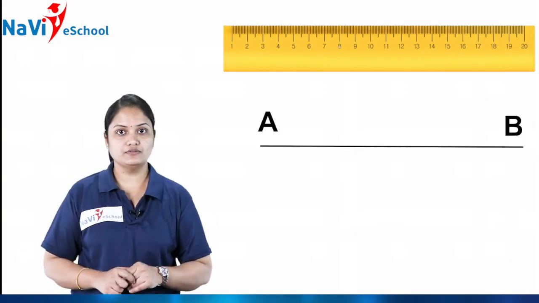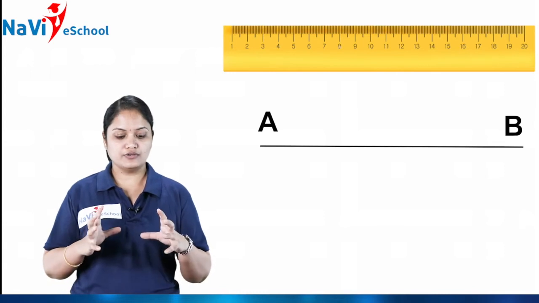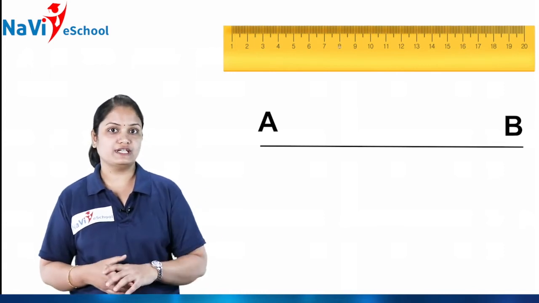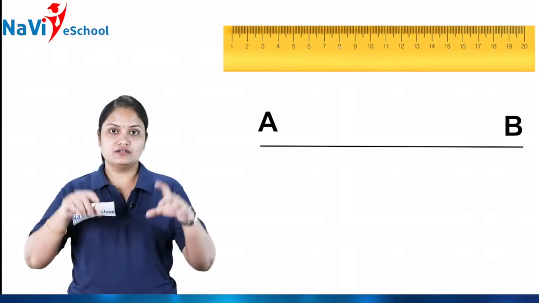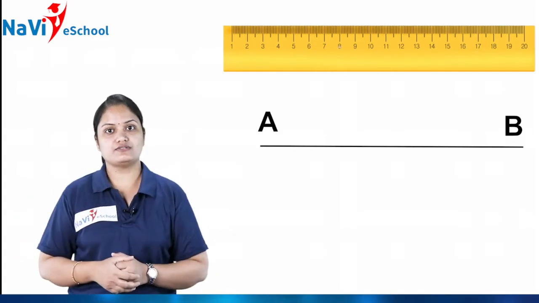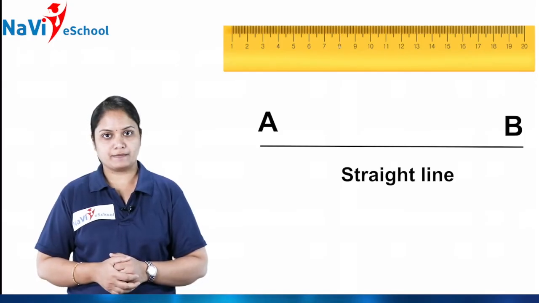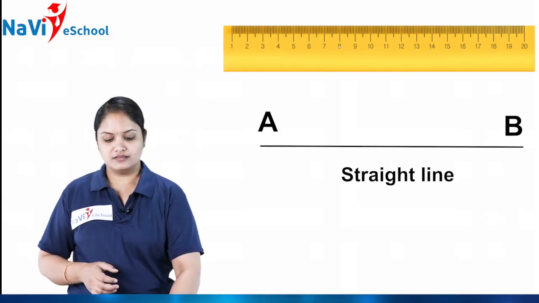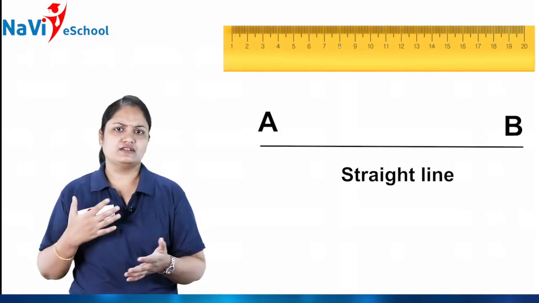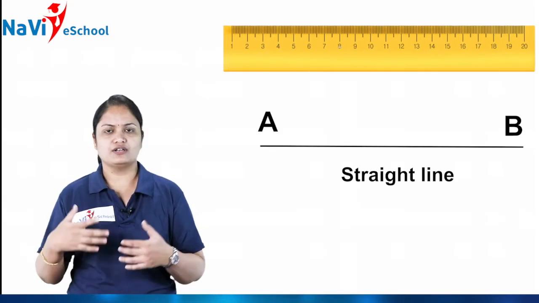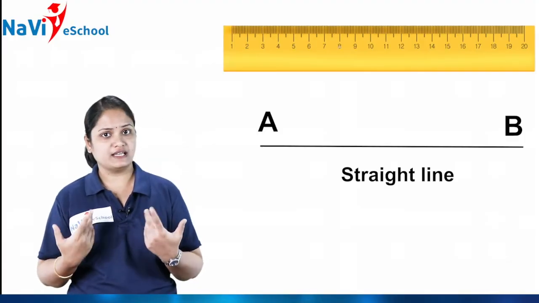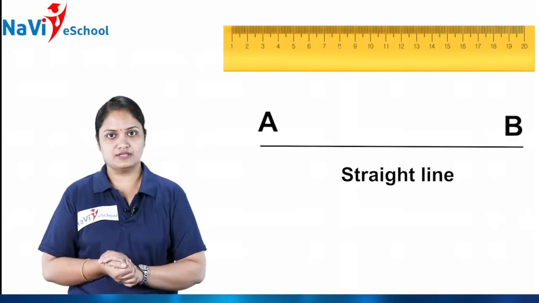Here, children, you can name those points A and B. Now AB is your straight line. Have you got this? You can name it anything, AB, or you can take PQ, or take MN, whatever.